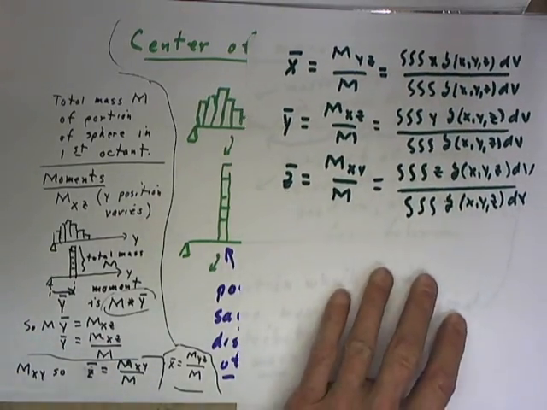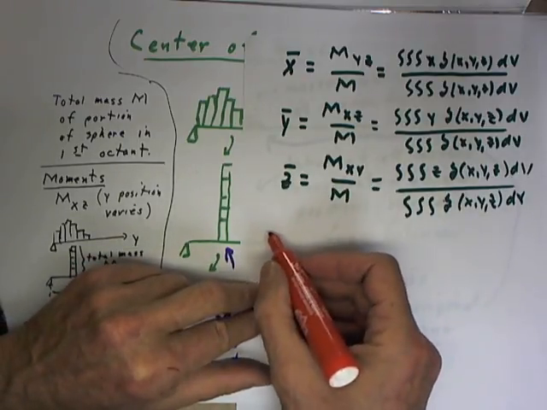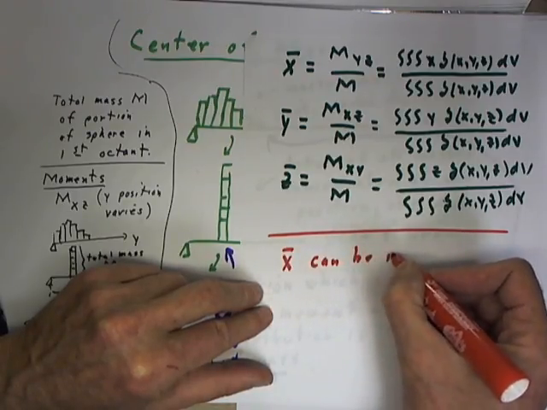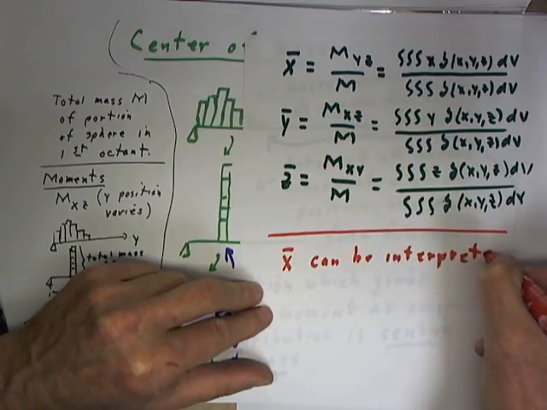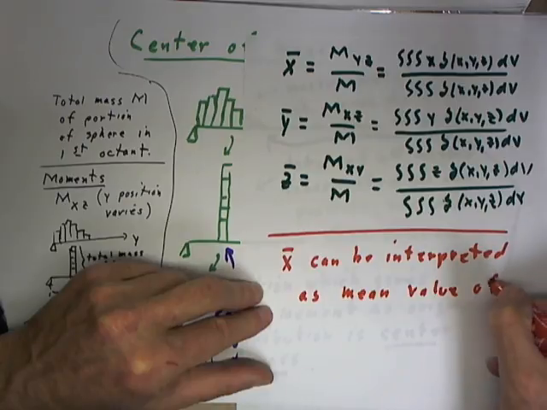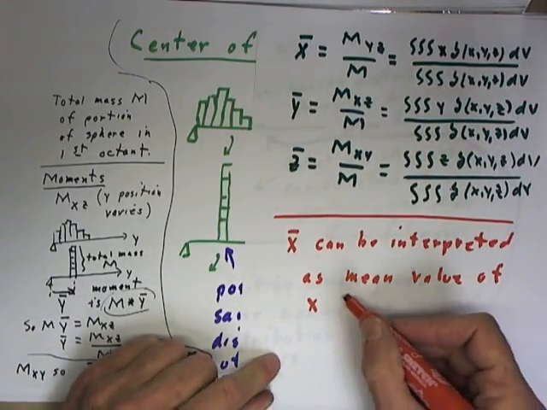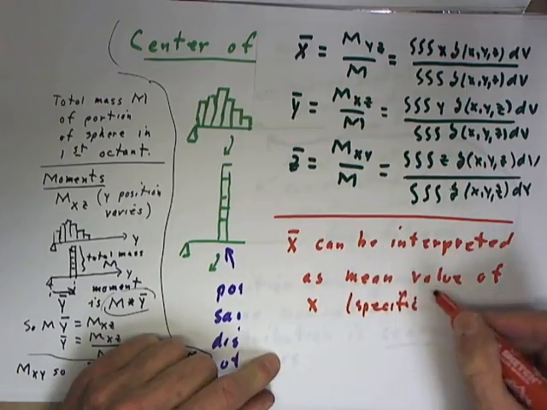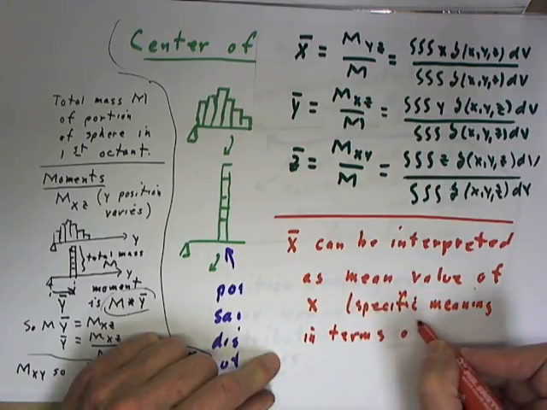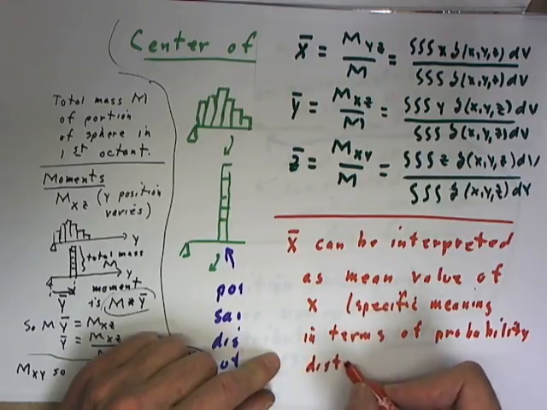Delta could also be a probability distribution. Now, probability distributions have certain characteristics, but for example, x bar can be interpreted as the mean value of x, and this has a very specific meaning in terms of a probability distribution.